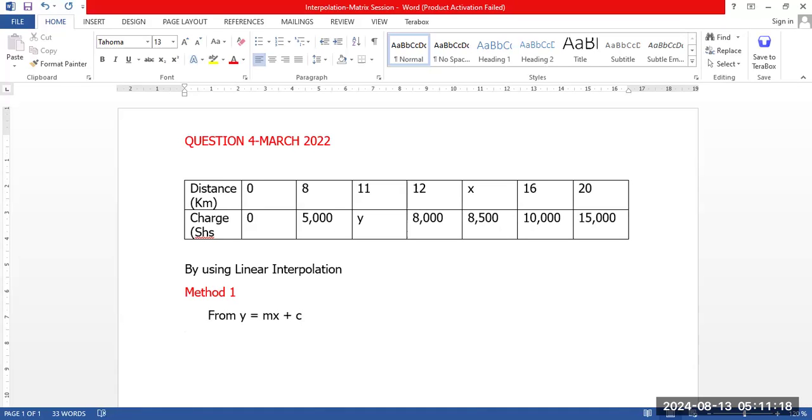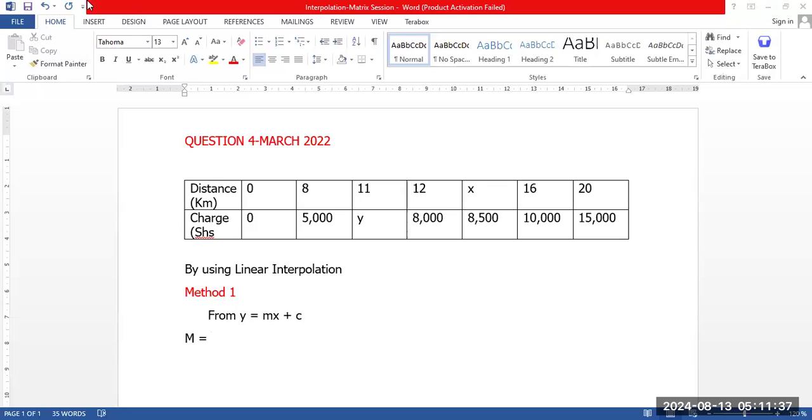You have to first get m, that is your gradient. Remember, the gradient m is always the change in values of y divided by the change in values of x.